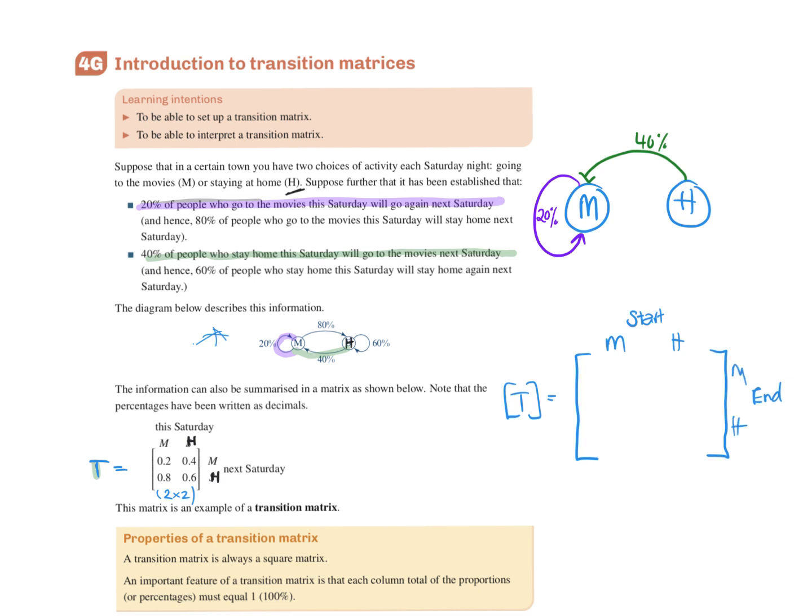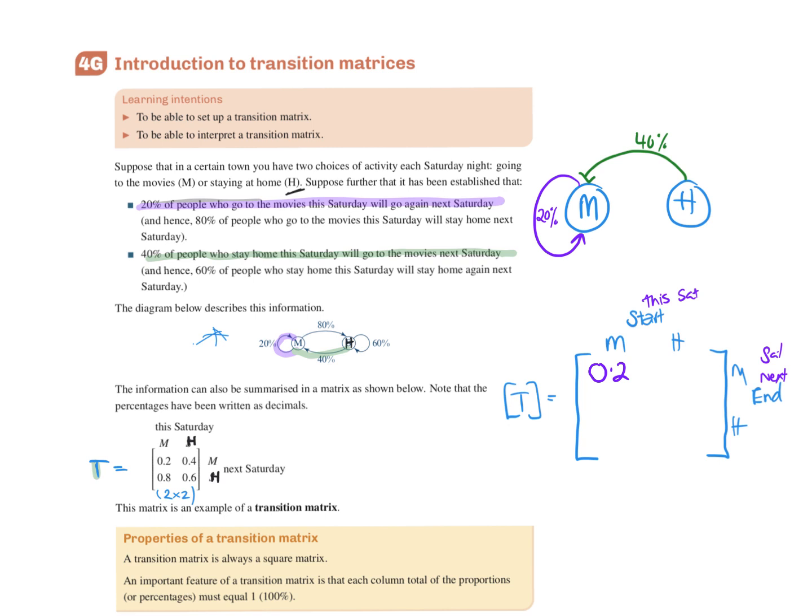What we wrote up here in the purple was, if we went to the movies this Saturday, then the next Saturday. You might say this Saturday, and this is next Saturday. Because when it was said 20%, we changed the percentages to a decimal. So 20% becomes 0.2.